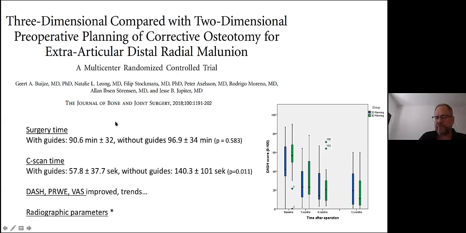But that's the problem, of course, if you want to do research in personalized treatment. They are all very different. That's why you need the guides, because there's something unusual with them, so it's hard to compare them.